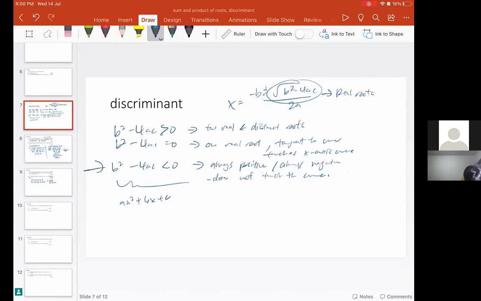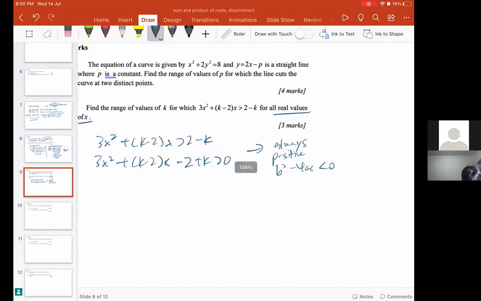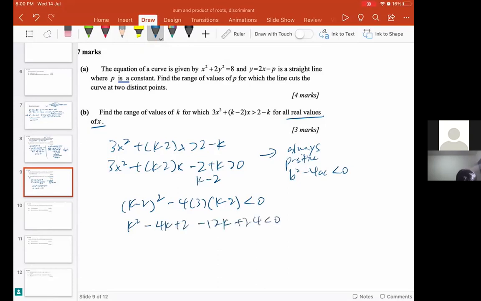Moving back to the equation, we continue by substituting in our values: k minus 2 squared minus 4 times 3 times k minus 2, which I've rearranged to k minus 2 in this case, is less than 0. So we have k squared minus 4k plus 4 minus 12k plus 24 less than 0. We have k squared minus 16k plus 28 less than 0.